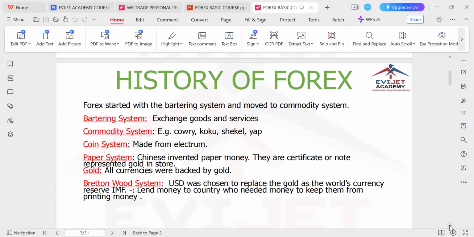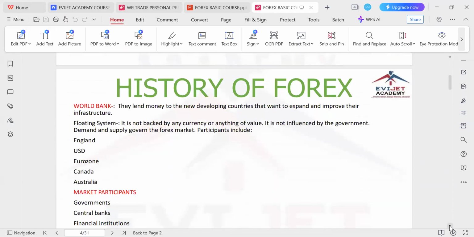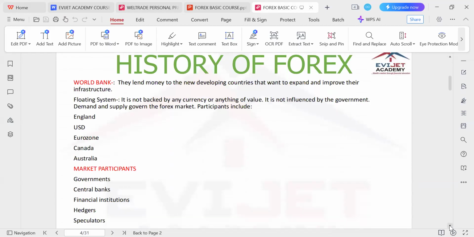USD was chosen to replace gold as the world currency reserve, managed and governed by the IMF. The IMF lends money to countries that need money, to keep them from printing their own money. So that's the history. Then the World Bank.